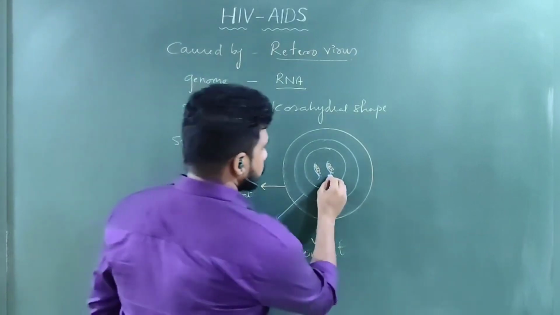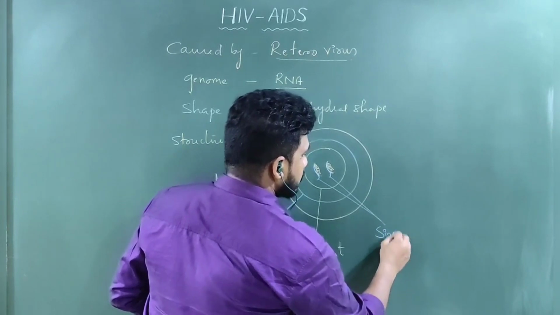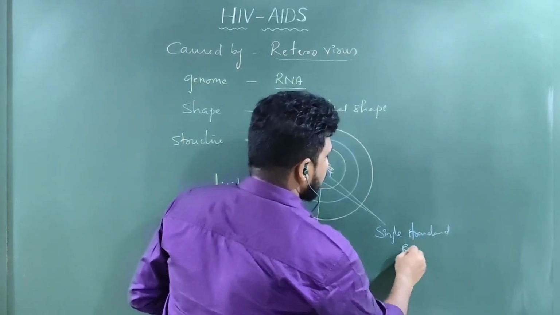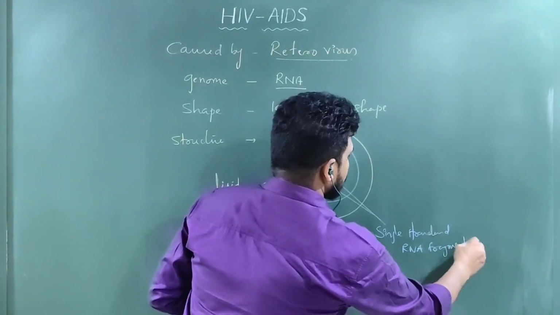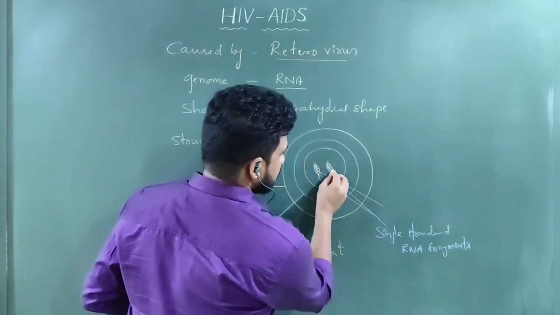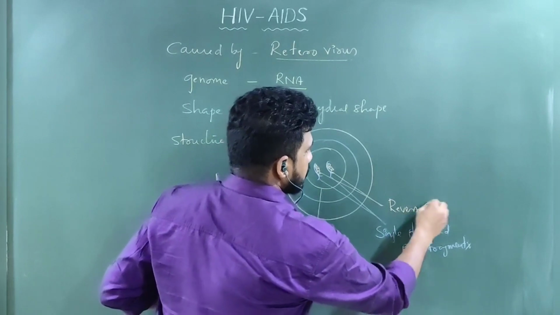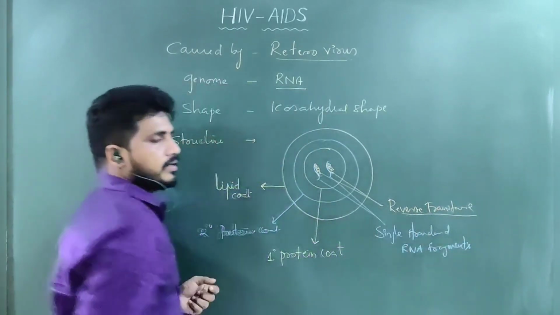Then what are these two? This one and this one. These are single-stranded RNA fragments, molecules. Along with that are the attached things. This is reverse transcriptase enzyme.